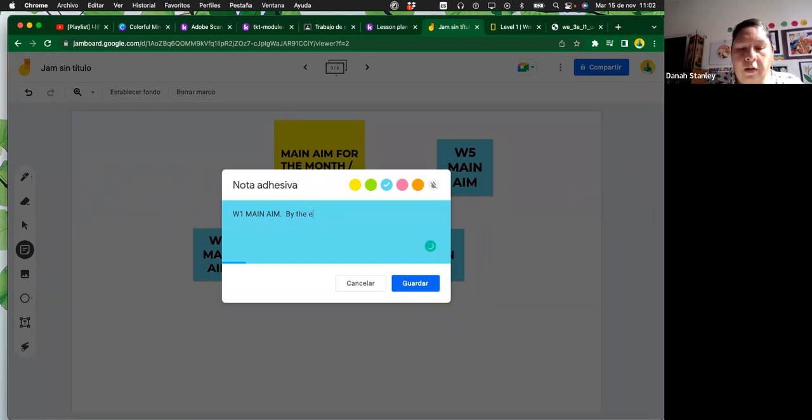By the end of the week, students may be able to describe the place where they live by using comparatives, superlatives, and adverbs of degree.